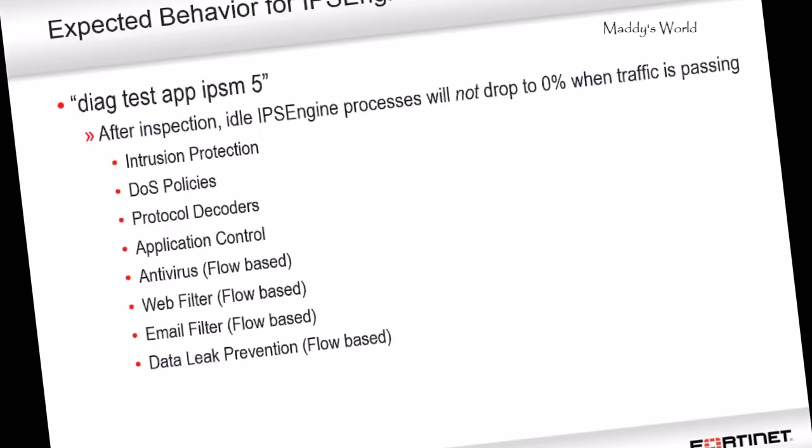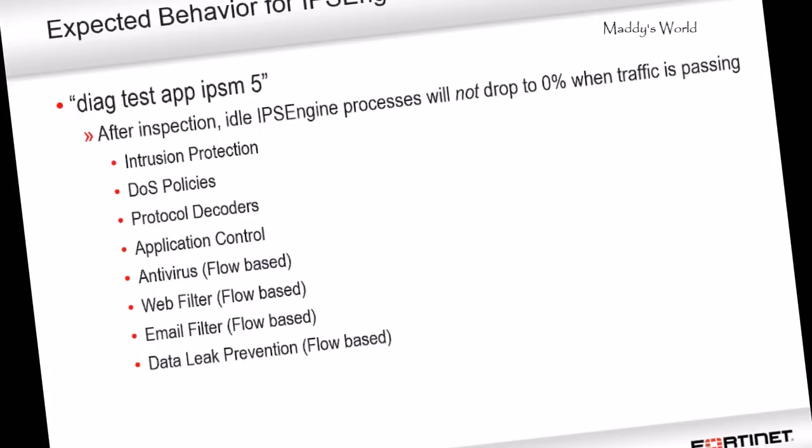It's also responsible for application control as well as flow-based policies for antivirus, web filtering, email filtering, and DLP. So, relatedly, it's also responsible for session helpers. Session helpers aren't an inspection option, they are automatic. To stop them, you must stop IPS engine.